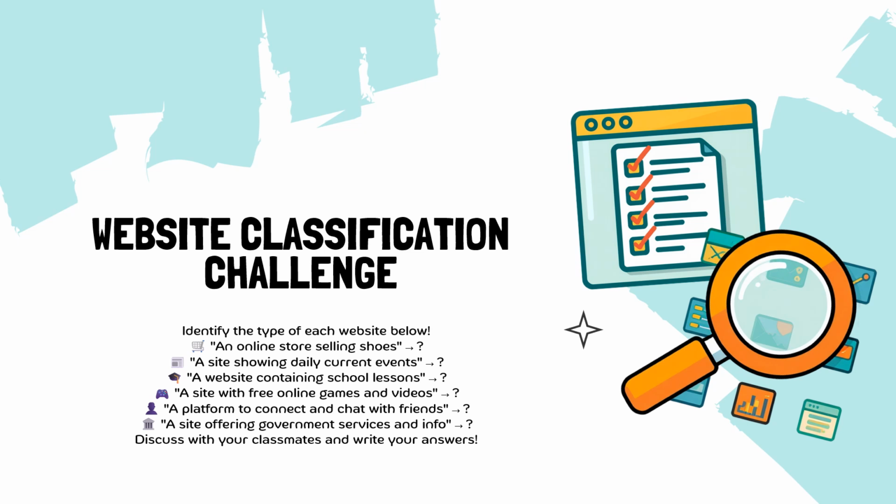Number 5, a platform where people can connect and chat with friends. And number 6, a website offering government services and information. So six items in all.